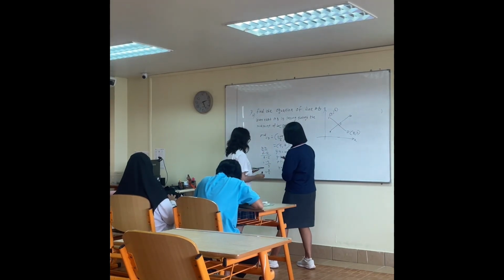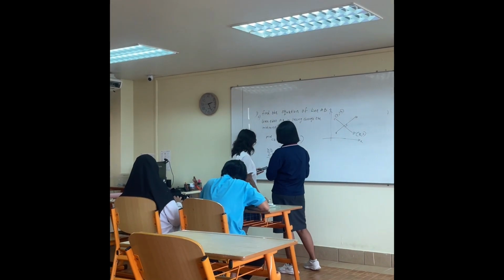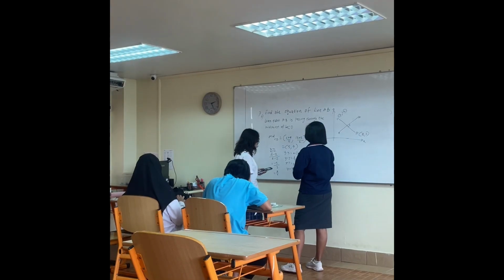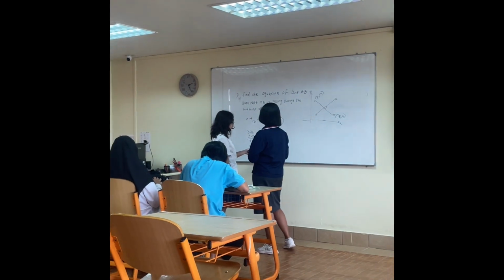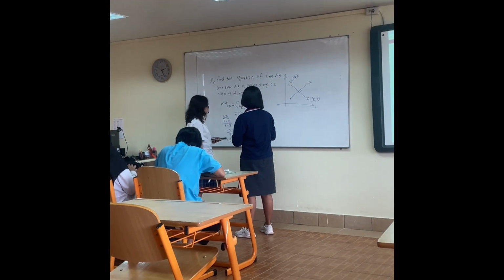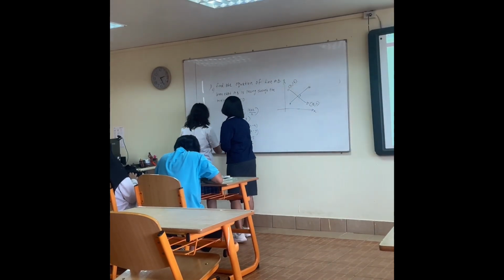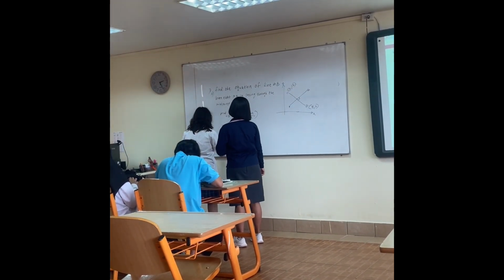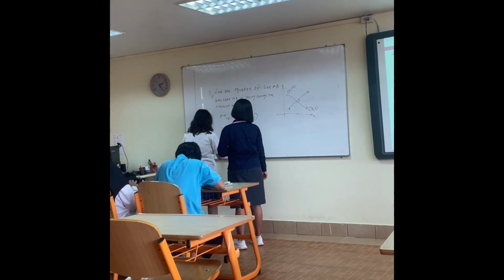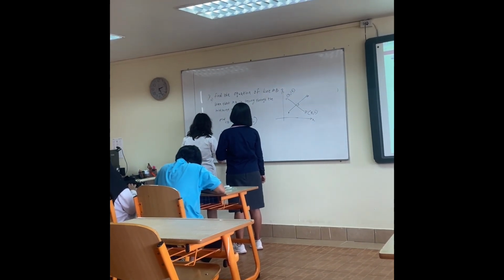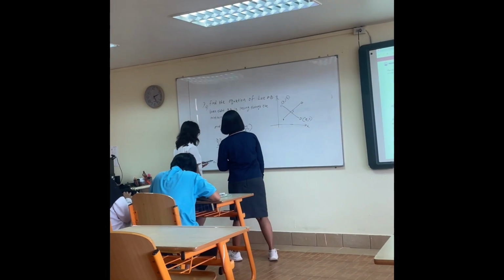So you simplify from there, minus 10 over 36, 3 by 5, negative inverse, right? Please write here 10. M1, yeah. Okay, very good.